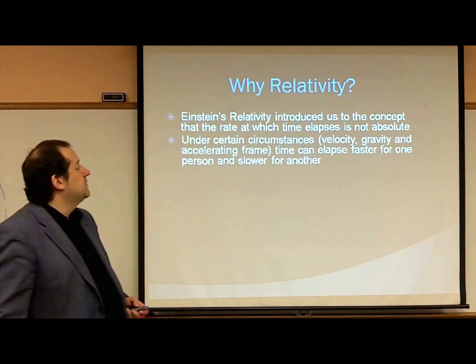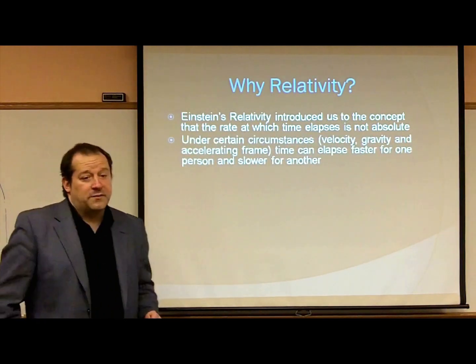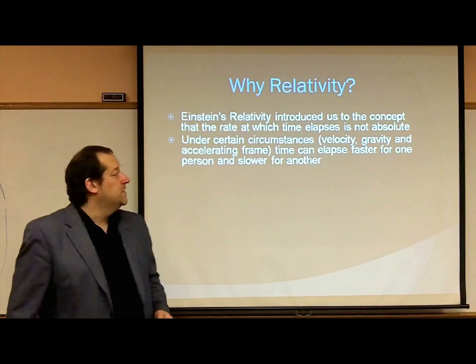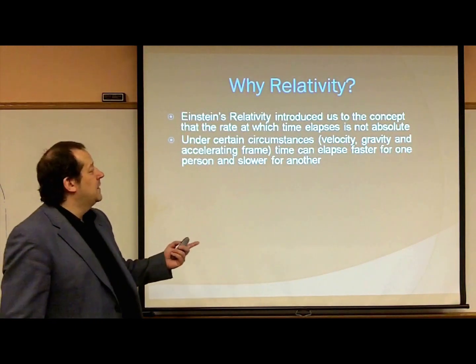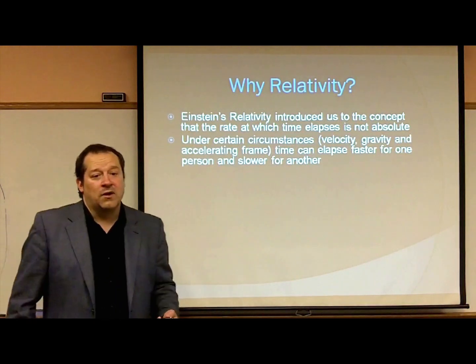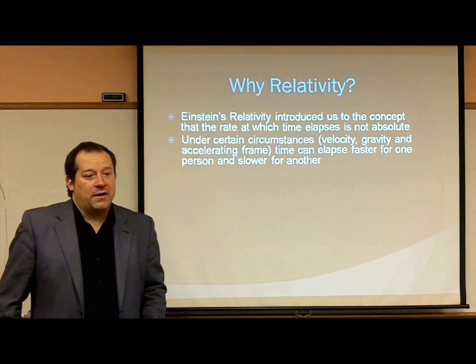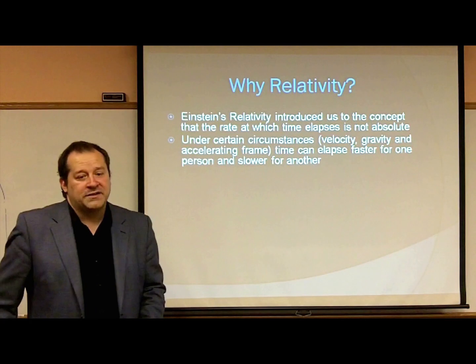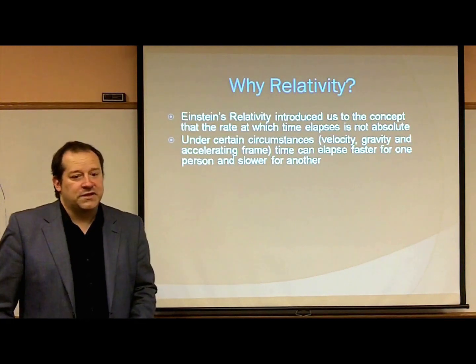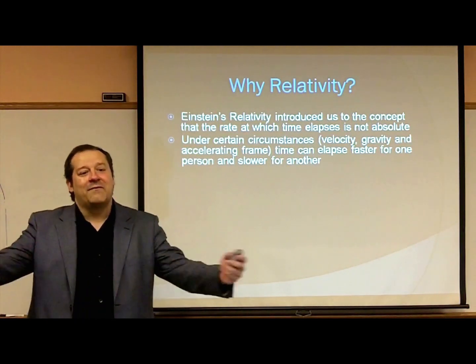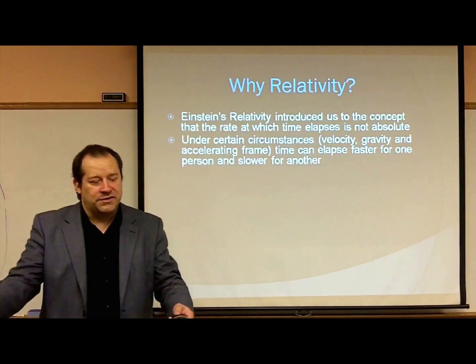Under certain circumstances, velocity, gravity, and accelerating frames, those would be the three circumstances we're going to be talking about today, time can actually elapse faster for one person and slower for another. That can be kind of a mind-blowing concept if it's something that you're not used to dealing with. We just think that clocks everywhere tick at the same rate in unison.